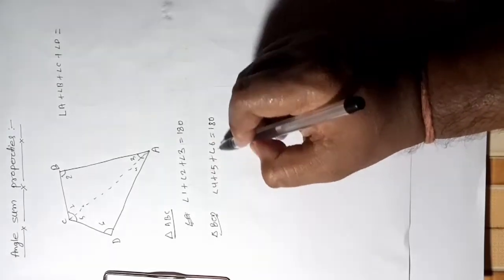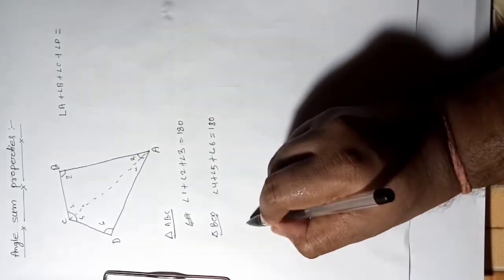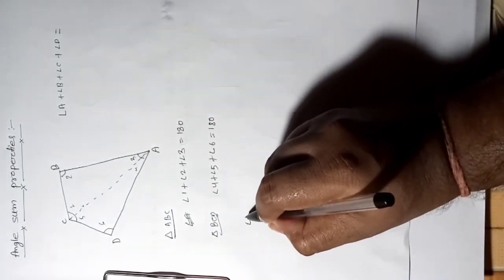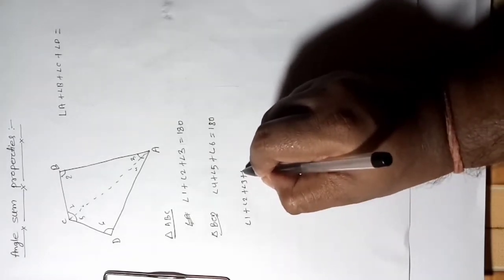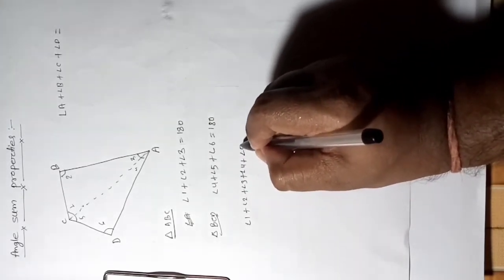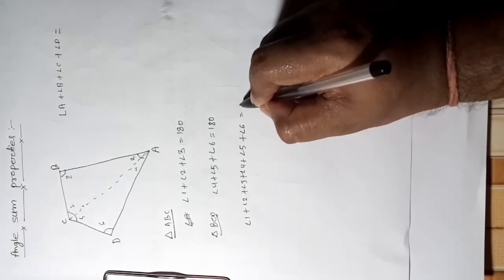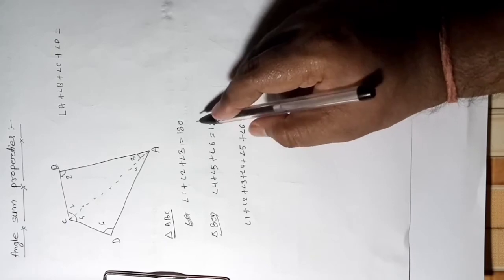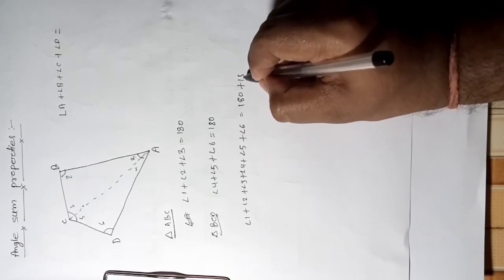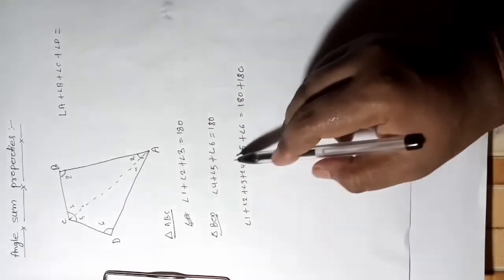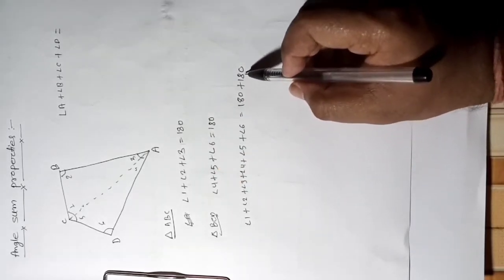Now the sum of all 6 angles: angle 1 plus angle 2 plus angle 3 plus angle 4 plus angle 5 plus angle 6 is equal to, means what? 180 plus 180, right or not? The sum of these two you will get 180 plus 180.